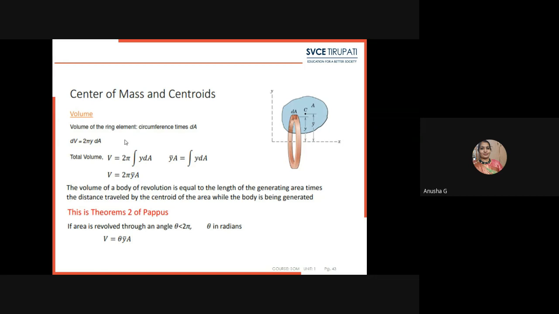Then the volume of the total element gives V equals 2 pi y bar into A. The volume of the body of revolution is equal to the generating area times the distance traveled by the centroid of the area while the body is being generated. Then it gives the y direction multiplied by the area, which is the second theorem. Okay, these are the two theorems that have been asked here.